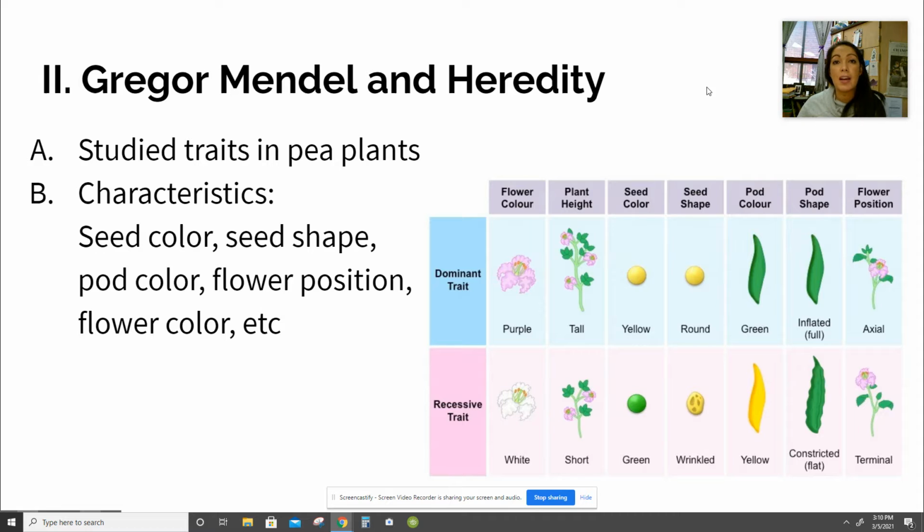A lot of times you'll see example problems involving pea plants, and all of that is because of Gregor Mendel's studies. Usually you'll see those problems involving the color of either the flowers or the peas themselves, or maybe even the shape of the peas, if they're round or wrinkled. That's typically the type of heredity problem that you'll see.